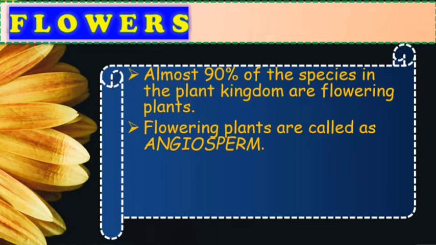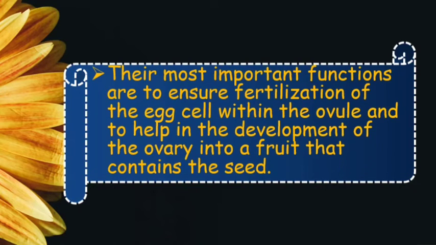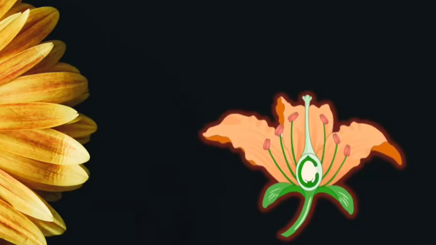Flowering plants are called angiosperms. The flowers are the most distinctive feature of these. Flowers have important functions: to ensure fertilization of the egg cell within the ovule and to help in the development of the ovary into a fruit that contains the seed.